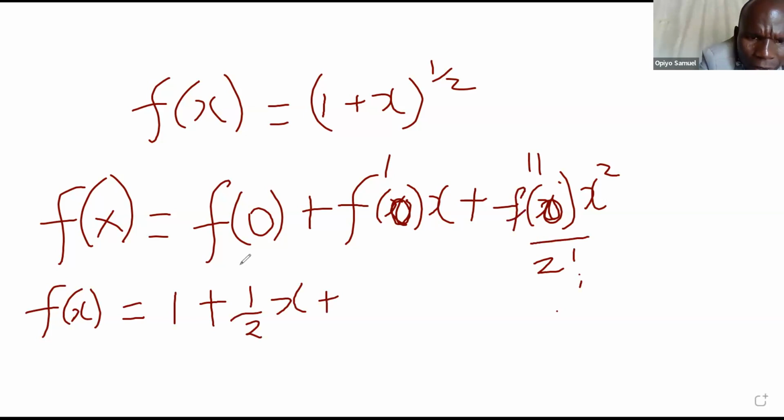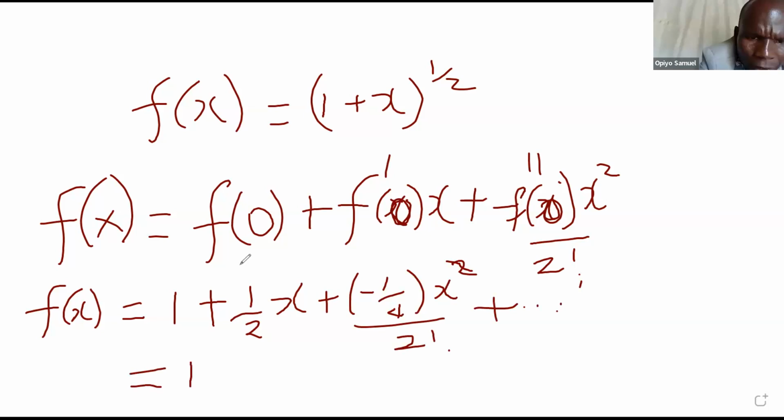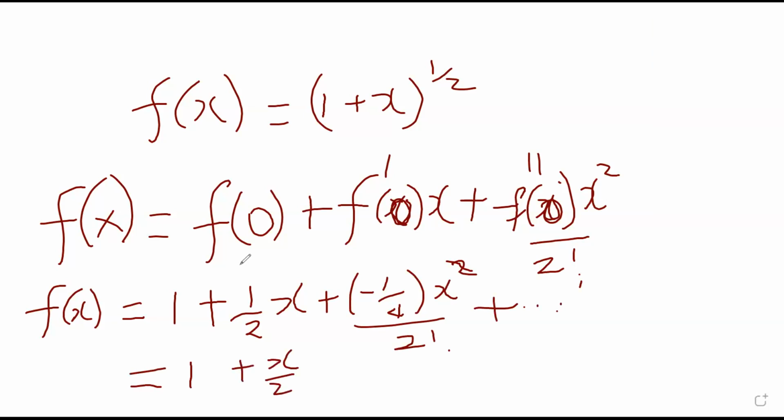F double prime of 0, we got negative 1 out of 4, x squared over 2 factorial, plus other terms. So when we simplify this, we have 1 plus x out of 2, then minus x squared out of 8, plus other terms.